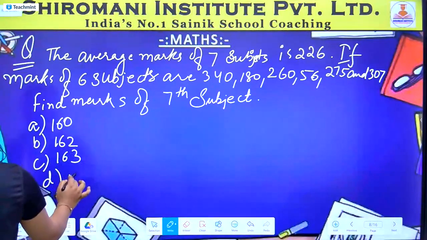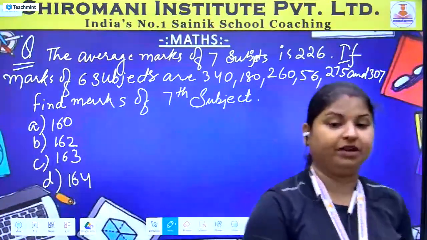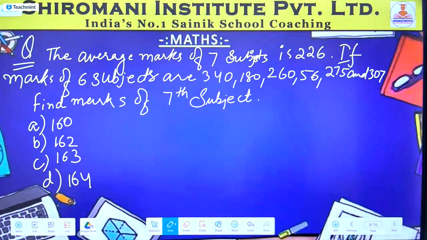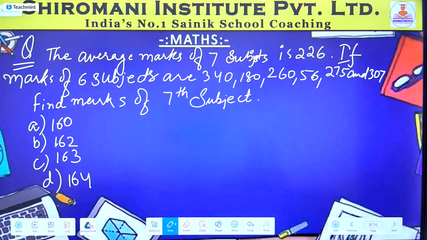And these questions that you are learning today, each and every question is from the previous year. So the average marks of seven subjects is given to me as 226. If the marks of six subjects are 340, 180, 260, 56, 275, and 307, you have to find the marks of the seventh subject. What shall be the marks for the seventh subject? And here you go, answer in poll.